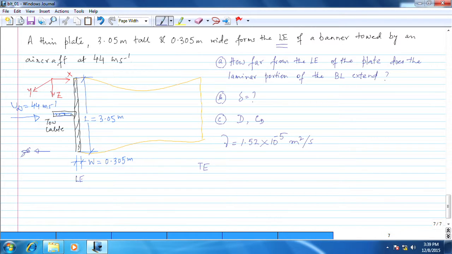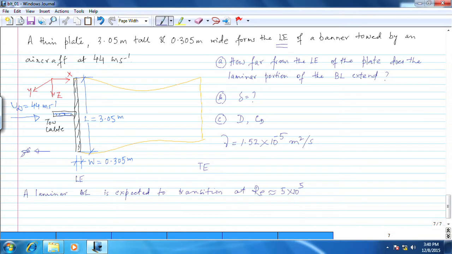So, in this particular case, essentially a laminar boundary layer is expected to transition, we kind of know this, right, at a Reynolds number of this, right.